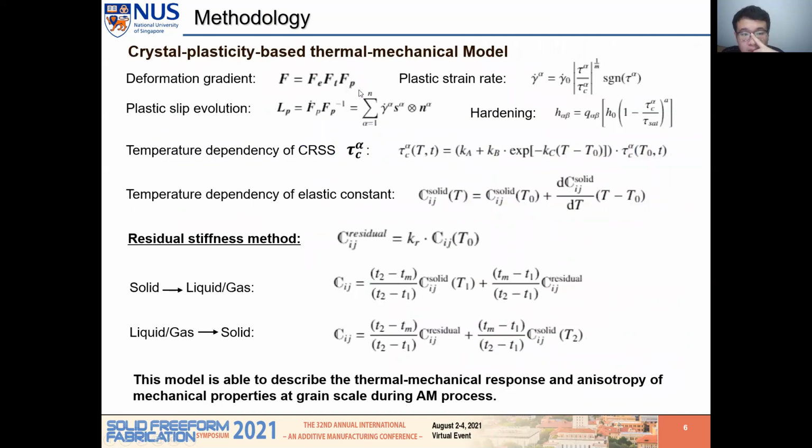This is the material model, which is crystal plasticity based and can describe the thermomechanical response. To fit the temperature change in the AM process, we introduce the thermal eigenstrain and the temperature dependency of the CRSS and elasticity. Also, to simulate the stiffness change due to the phase transformation during the process, we use the residual stiffness method and use estimated residual coefficients for the liquid and gas phases.